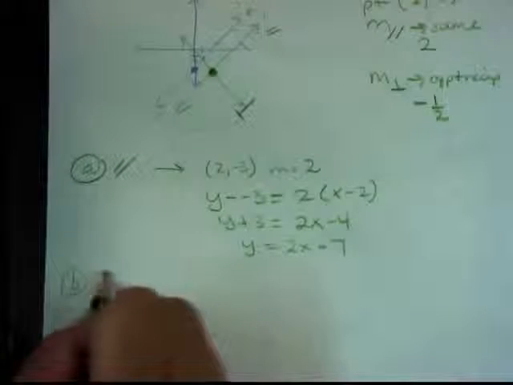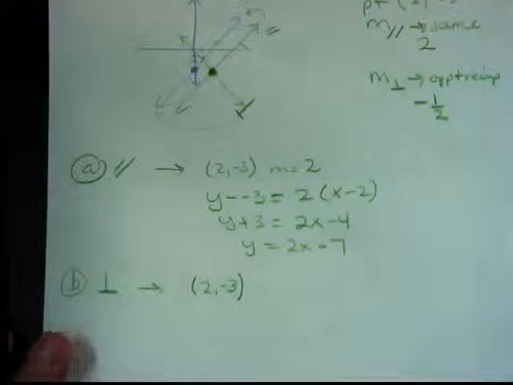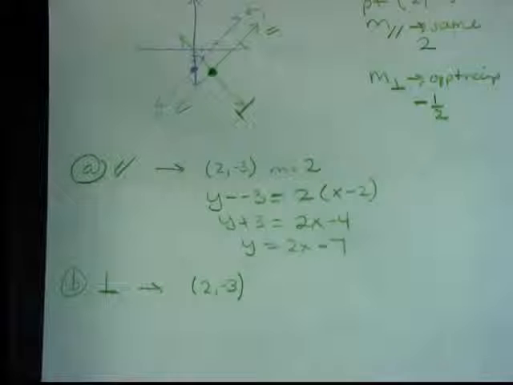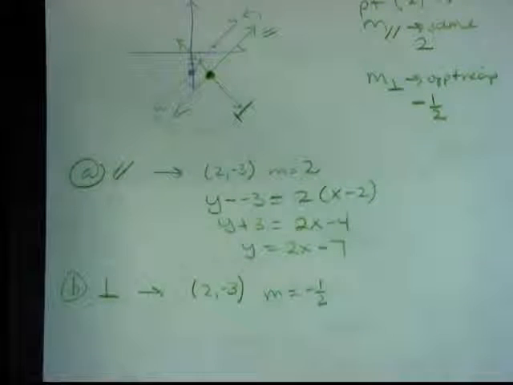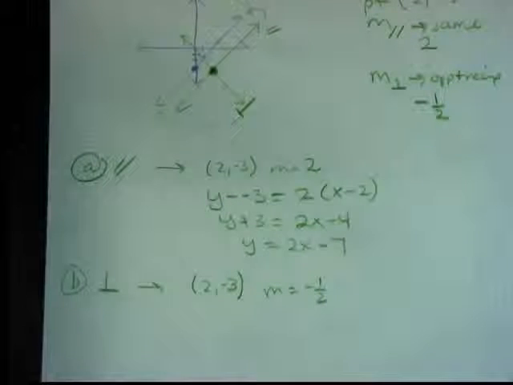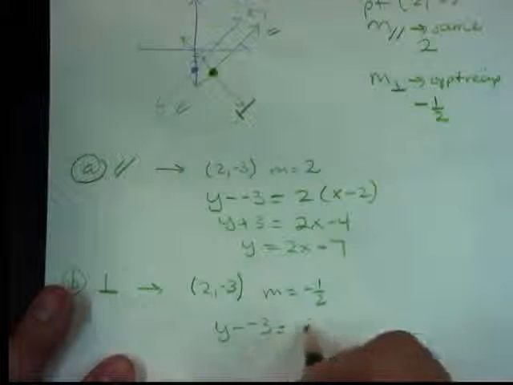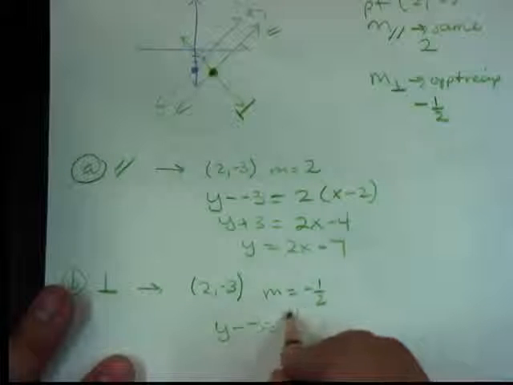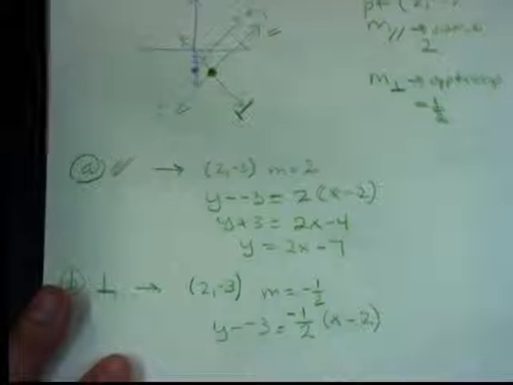Perpendicular. Same point. We already know the slope, opposite and reciprocal. So it's a matter of using the point-slope formula. y minus y1 is m times x minus x1.